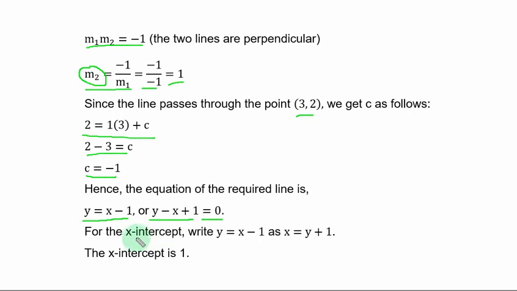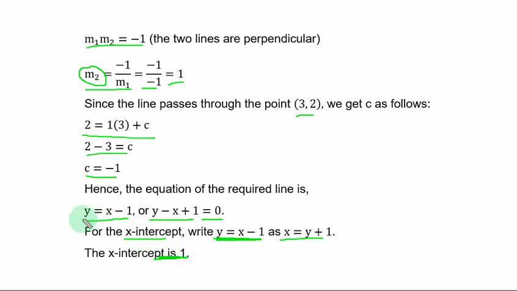Next thing is to get the x-intercept. For the x-intercept, you ensure that you make x the subject in this case. If you make x the subject, you have x equal to y plus 1, so that the x-intercept is 1. The x-intercept is 1.